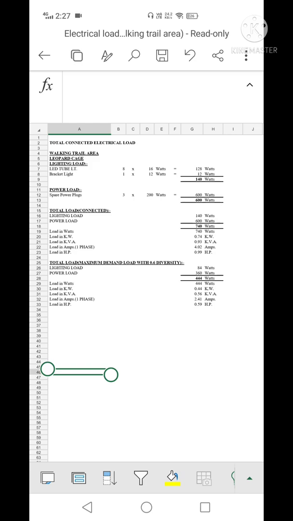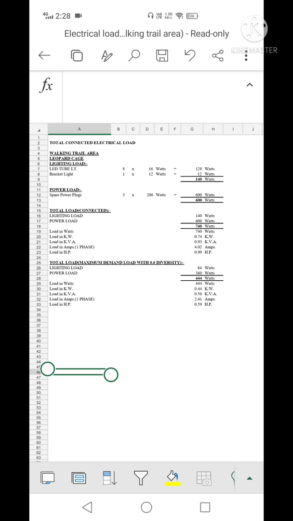Power load is the sockets we use for plugging in our mobile chargers, our fans, whatever we connect through the sockets comes under power load. So basically, how can we calculate the load for a certain area?